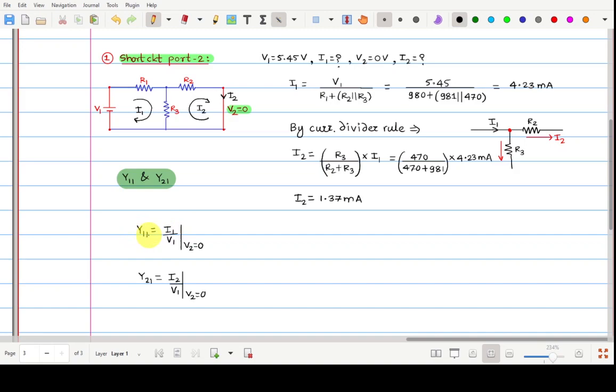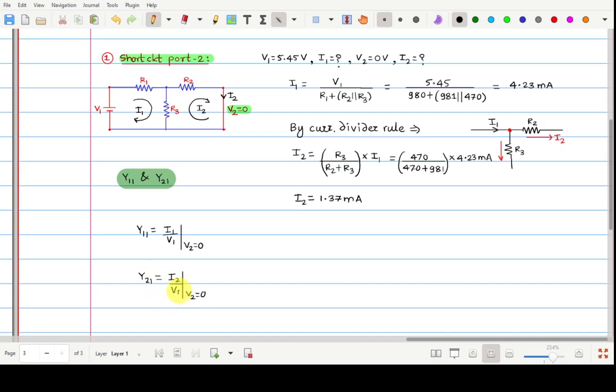In Y11, the first digit indicates I1 and the second indicates V1. Look at the quantity in the denominator, V1. Definitely, if it is V1, then V2 should be equal to 0. Similarly for Y21, the 2 indicates I2 and the 1 indicates V1. Current upon voltage is nothing but your admittance.